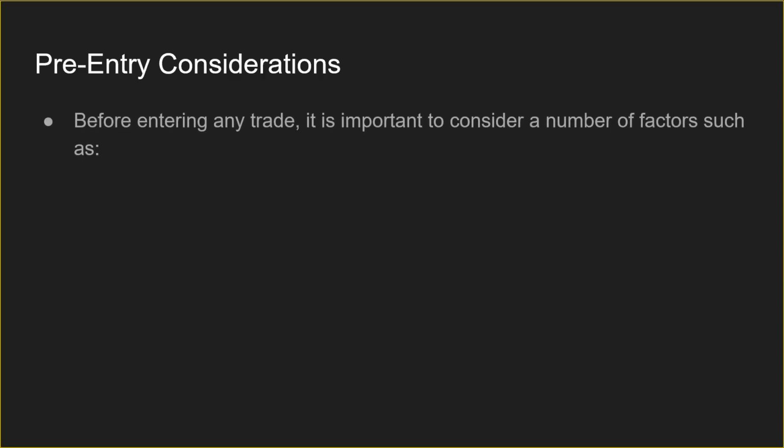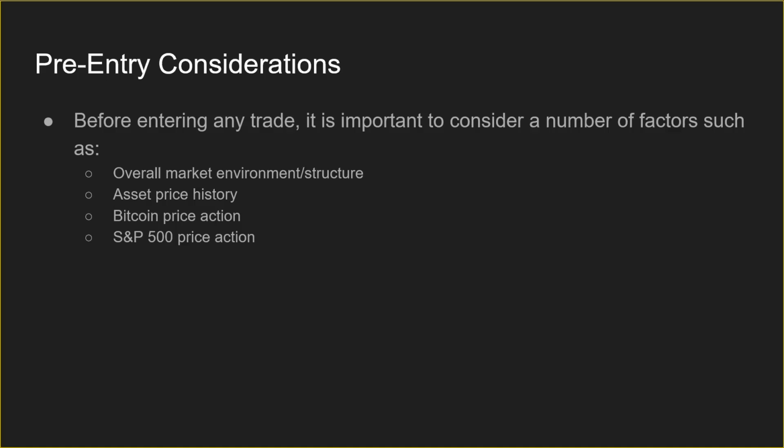Before entering any trade, it is important to consider a number of factors such as the overall market environment or the market structure, what's going on at that particular moment, the asset price history of whatever asset you're looking to trade, Bitcoin's price action at that time. What is Bitcoin currently doing? The S&P 500 price action.